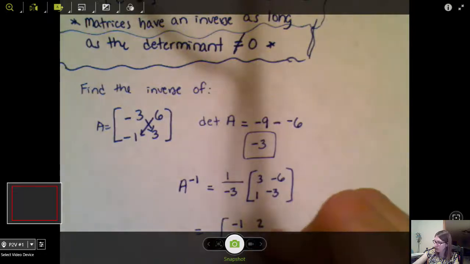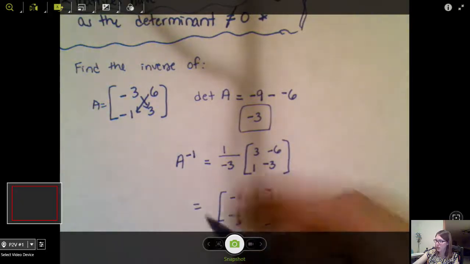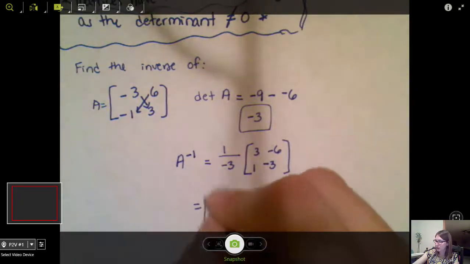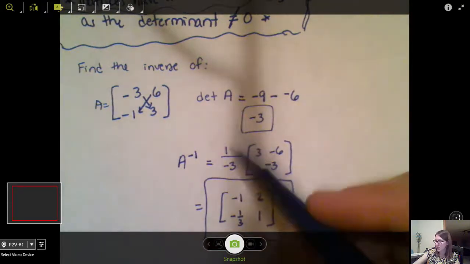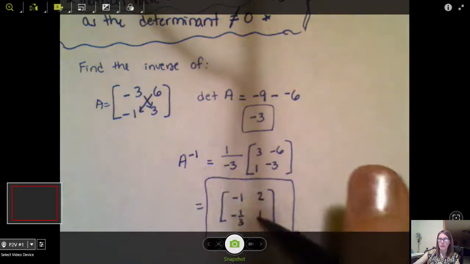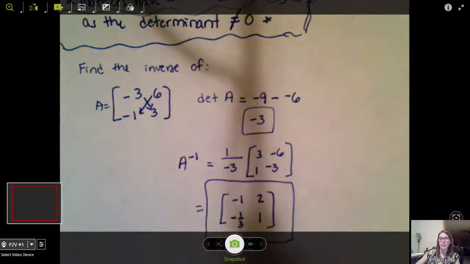Negative 1/3 times negative 3 is positive 1. So this is my inverse of matrix A. And if you wanted to, you could definitely double check. Take matrix A times the inverse, make sure you get the identity matrix, and in the opposite direction also. If you take the inverse times matrix A, you should get the identity.